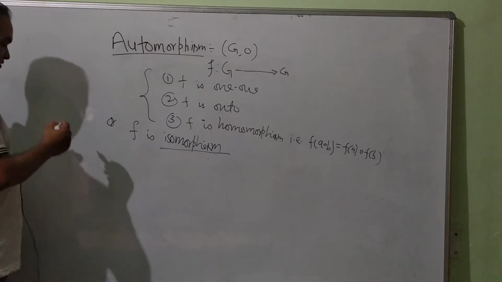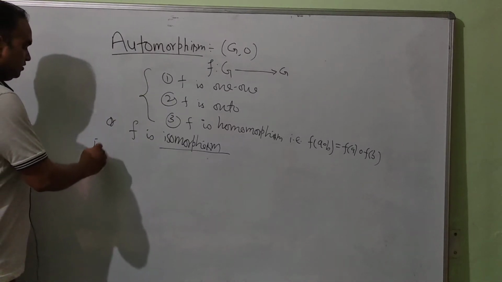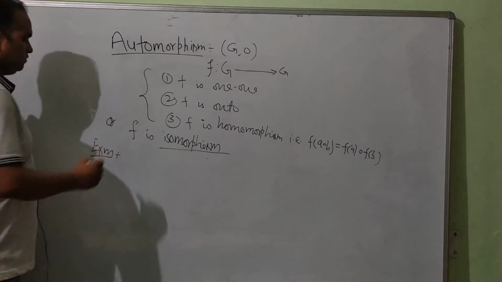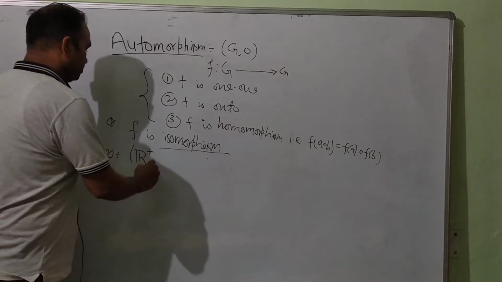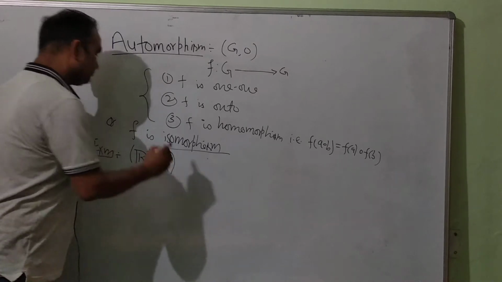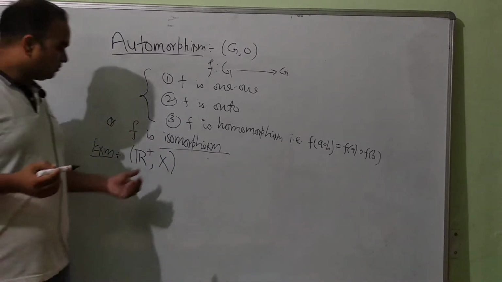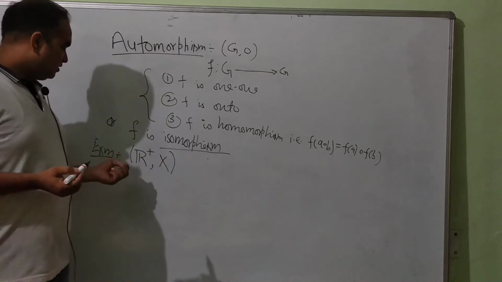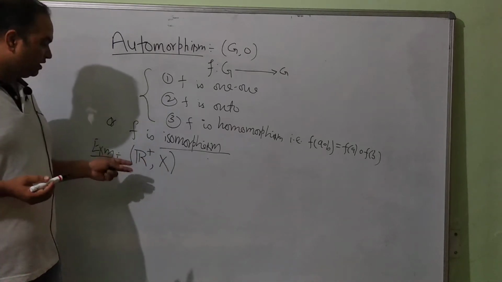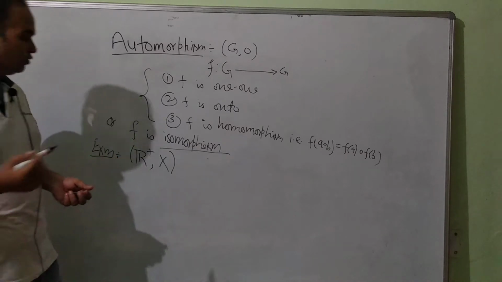So if we take an example, if we have a group of positive real numbers and the binary operation is multiplication, this is a group. We can check easily that the set of positive real numbers with respect to multiplication is a group.